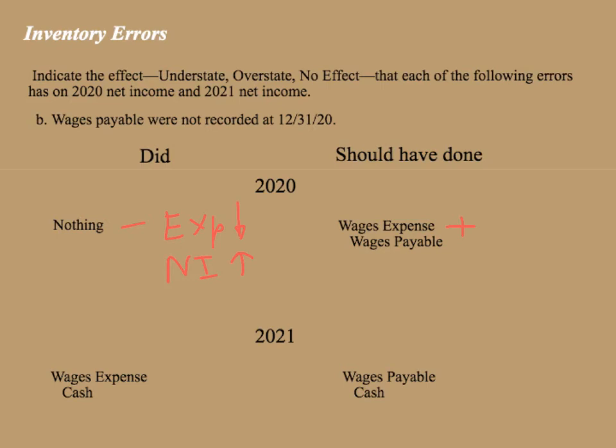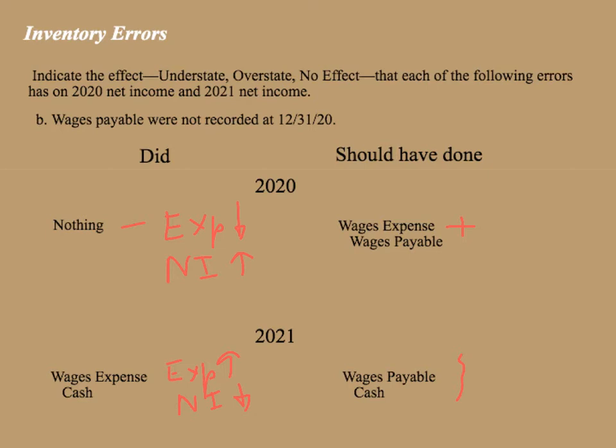And then in year 21, we went ahead and paid our payroll. So expenses, instead of showing up in 2020, are an expense in 2021. So expenses now are too high, and net income will be too low. Because as you can see at should have done, there's no expense account affected here.